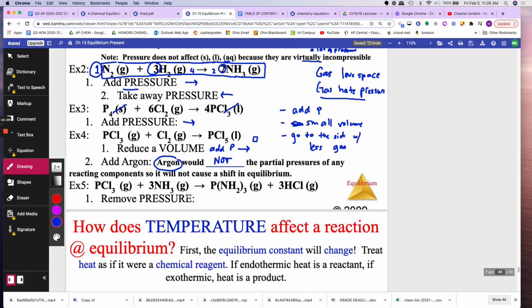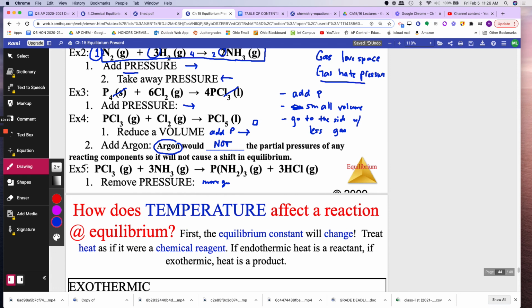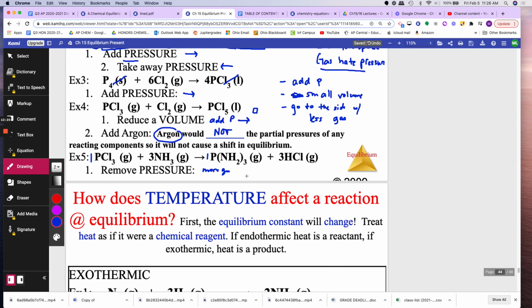So nothing will happen. If you remove the pressure, it's going to go to the side with more gas. So it's going to go to the, wait, this is 4 and 4. Oh, they're the same. So it's going to go nowhere. It'll just stay where it is.